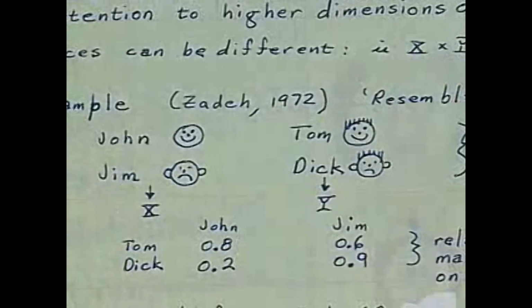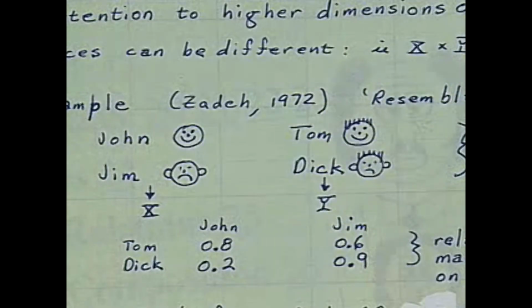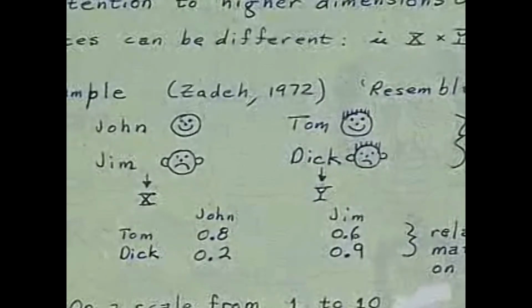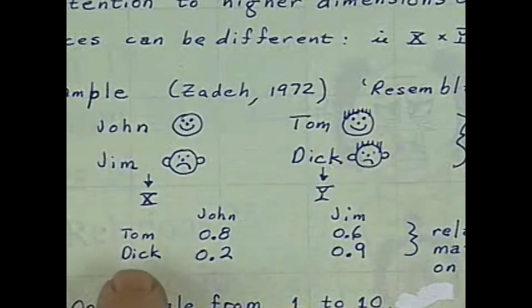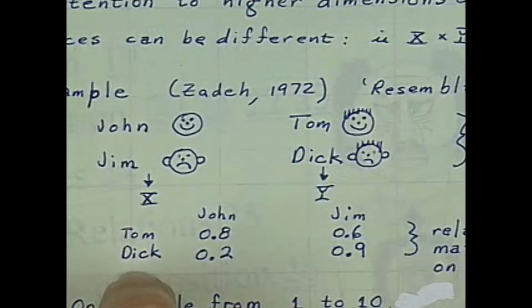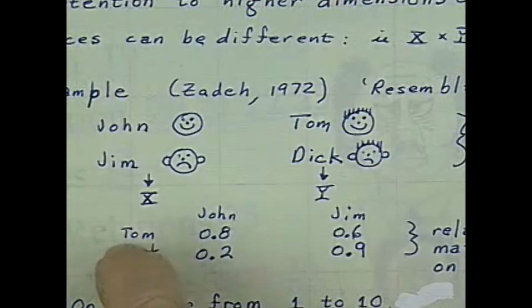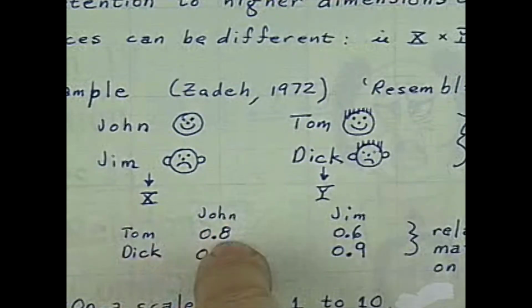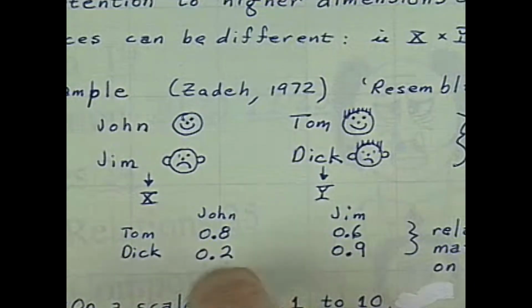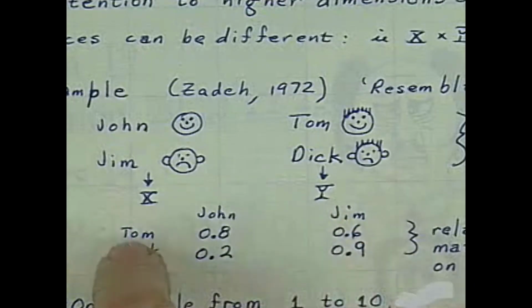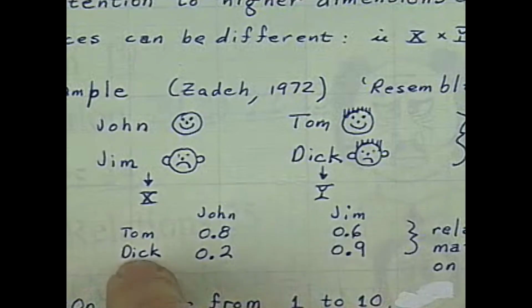Okay, these are just some cartoons I drew. These were Tom, Dick, John, and Jim. And here's the relationship between Tom, Dick, and John and Jim. Now you notice there's no relationship between Tom and Dick here. There's just a relationship between Tom and John, Tom and Jim, Dick and John, and Dick and Jim, but there's no interrelationship between Tom and Dick.